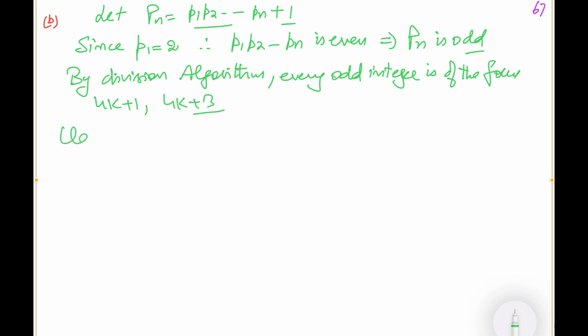So we claim P1P2...Pn plus 1 is of the form 4k plus 3 for all n.